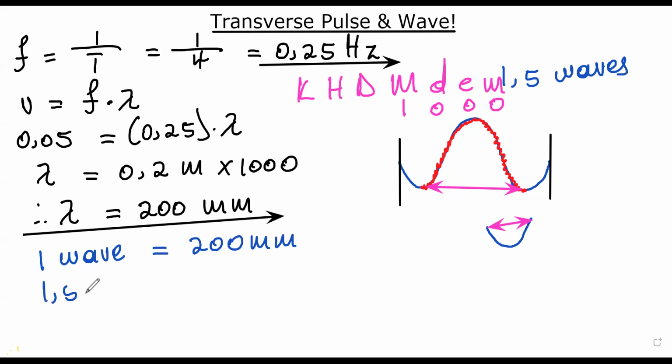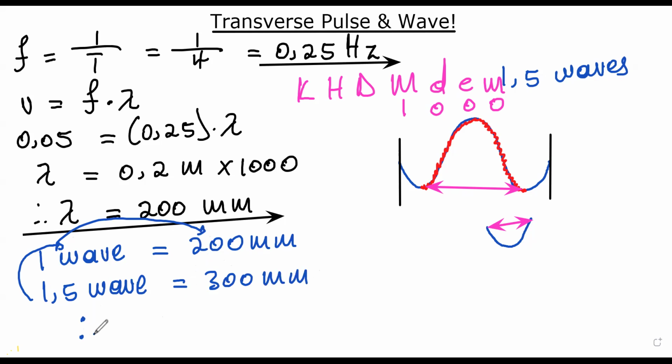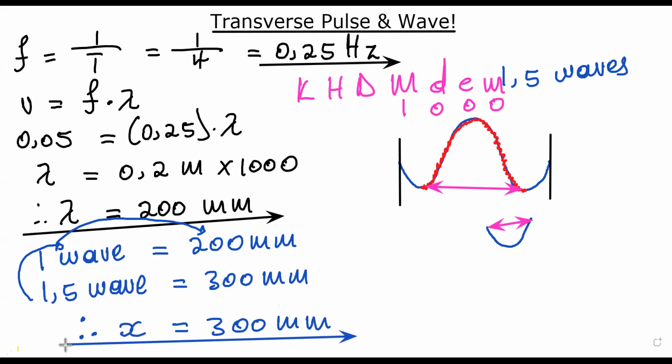Now you want to know what will be the wavelength of 1.5 waves? Well, you say this one divided by that, multiplied by that. And so you simply get 300 millimeters. And now you can conclude and say the value of x will simply be 300 millimeters.